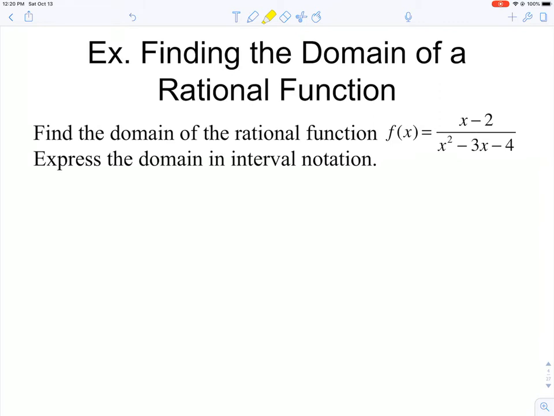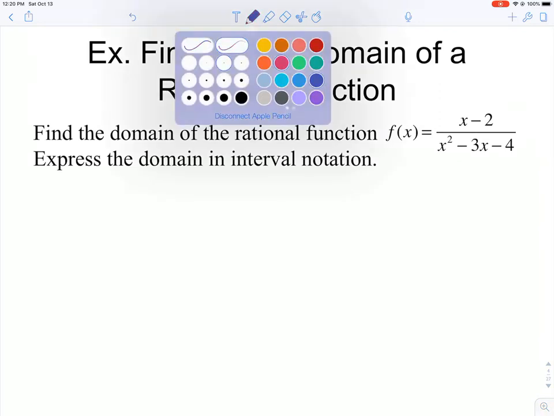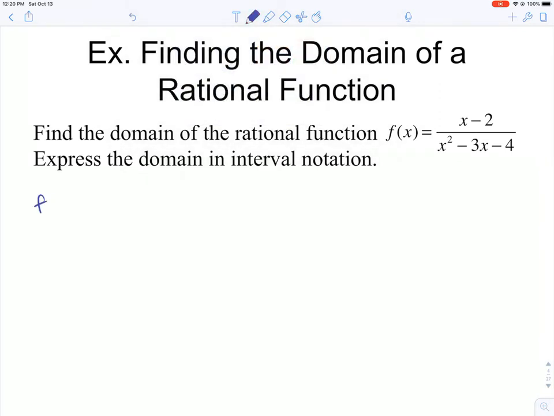Okay, so if we want to find the domain of this rational function, I'm going to first rewrite the function. And we want to know what values of x would make the polynomial in the denominator here, so x squared minus 3x minus 4, equal to 0.